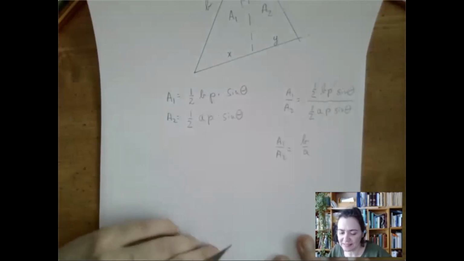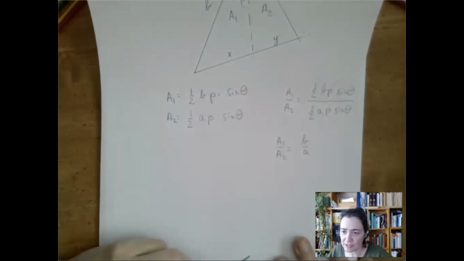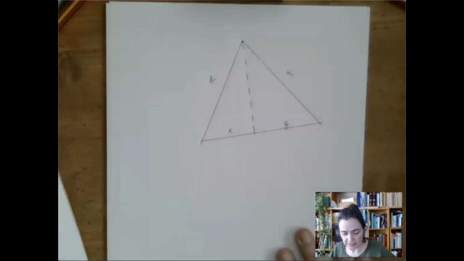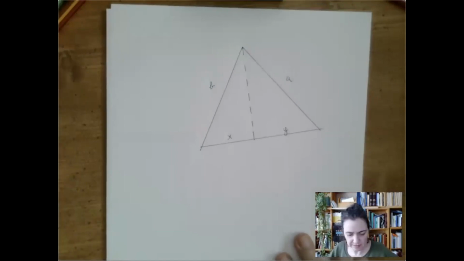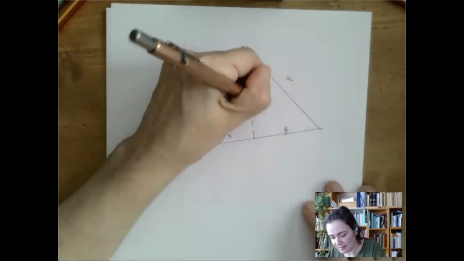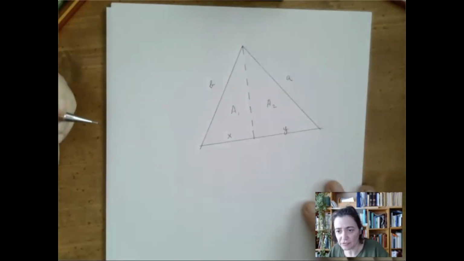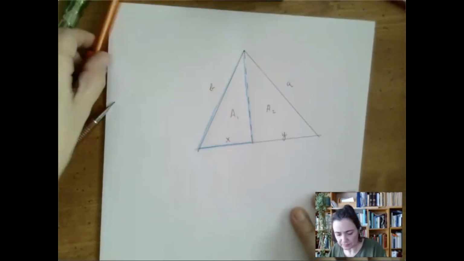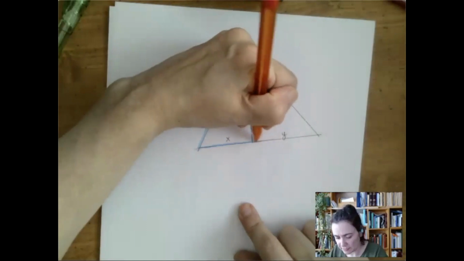Now we're going to look at this same ratio, these same two areas, but using different characteristics of the triangle. So this is still A1 and this is still A2. But now we're going to use the good old base times height over 2. Here is one triangle, and here is another one.